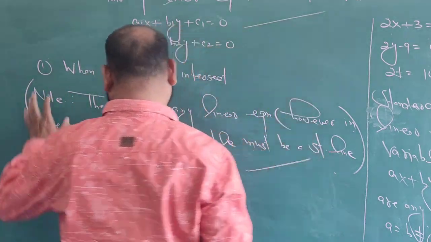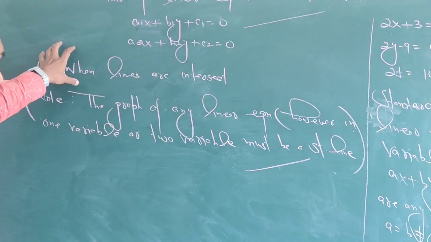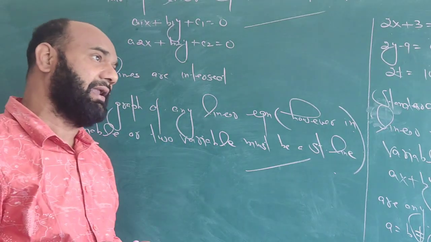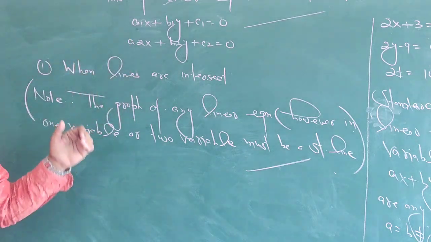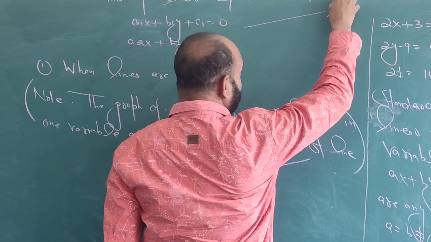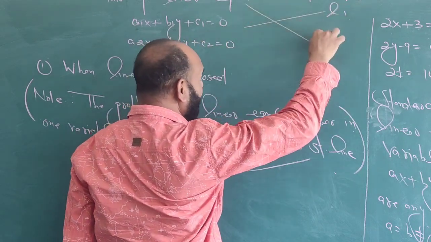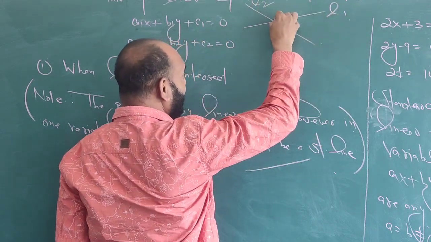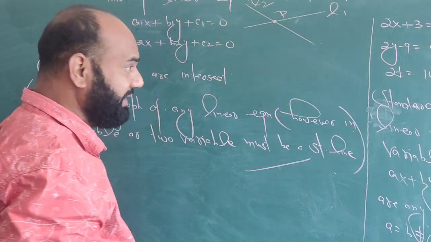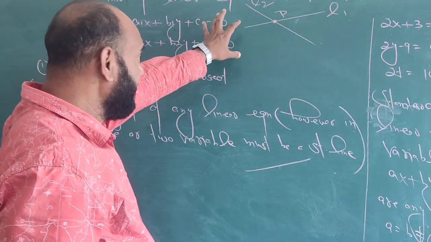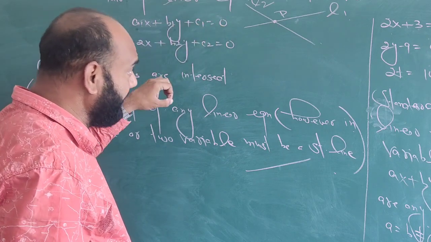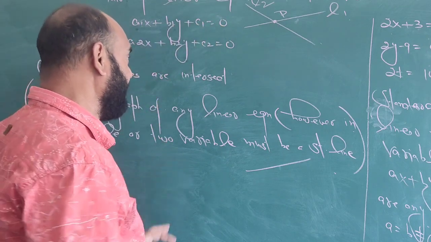So when in the graph we see any two lines intersect, meaning any two straight lines intersect, then they always intersect at only one point. Example: this is line 1 and this is line 2, and they intersect at this point, and this point is said to be P. We see that when any two lines intersect, they intersect at only one point.